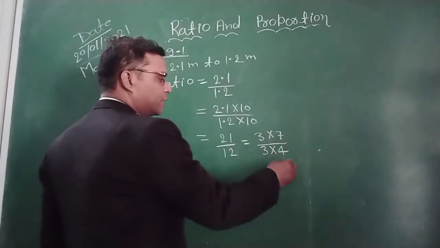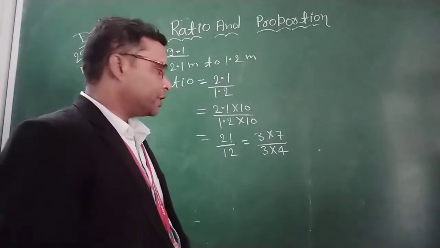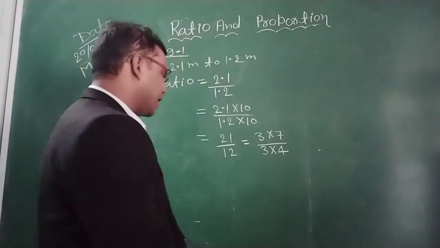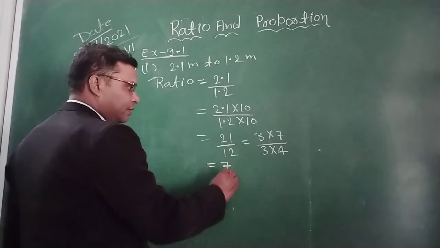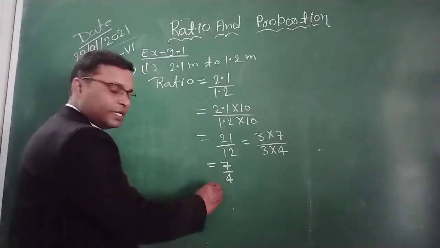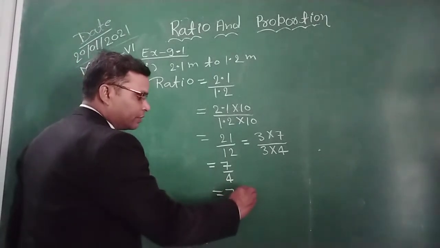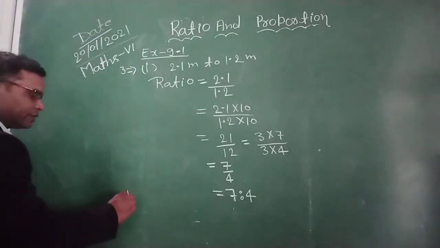Here you can see 3 is common in both numerator and denominator, so it will cancel. If you cancel them, then you get 7 by 4, or you can write it 7:4.